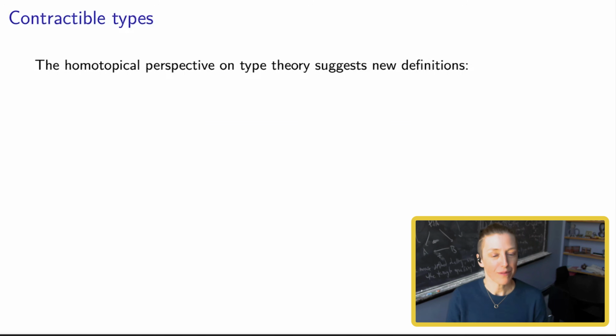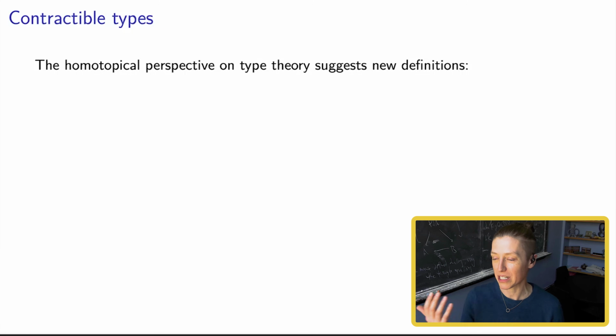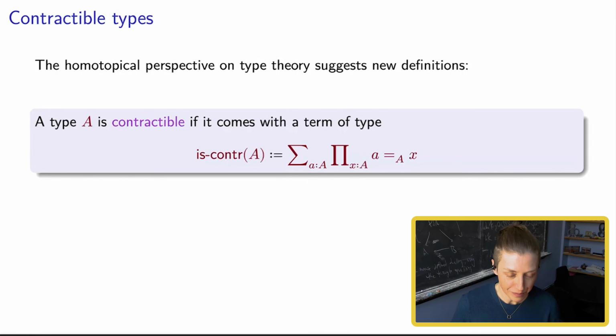And now we can leverage this sort of homotopy theoretical perspective on type theory to give some new definitions into type theory. So when I have this interpretation, it's providing new intuition on the formal system, homotopy type theory. And the first example I want to give is the notion of what's called a contractible type.